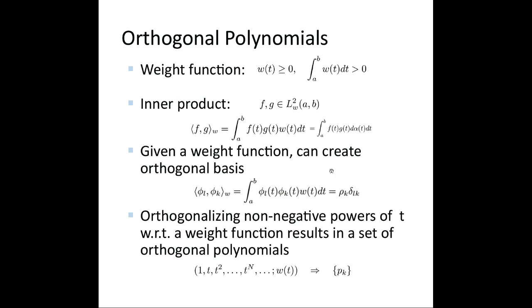So given the weight function, we can create an orthogonal basis of polynomials using a Gram-Schmidt orthogonalization procedure, where for this basis of polynomials phi k, we have the inner product equal to some value rho k only if k equals L, and 0 otherwise. So we can orthogonalize non-negative powers of t with respect to a weight function to get a set of orthogonal polynomials.